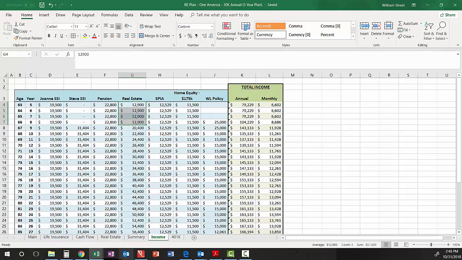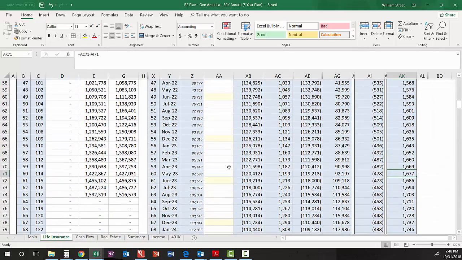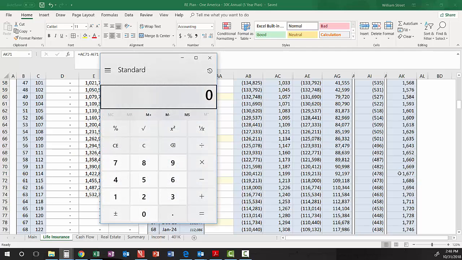Well, what we would do at year 5, if we come down here, which is, let's say that's when retirement kicks in. You'll notice that our monthly net income is $1,677. And for our purposes, I assumed like a $1,650 a month, okay?